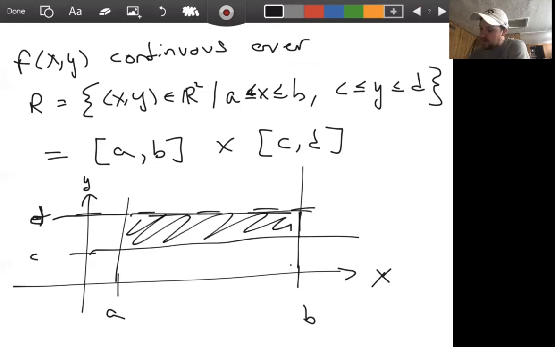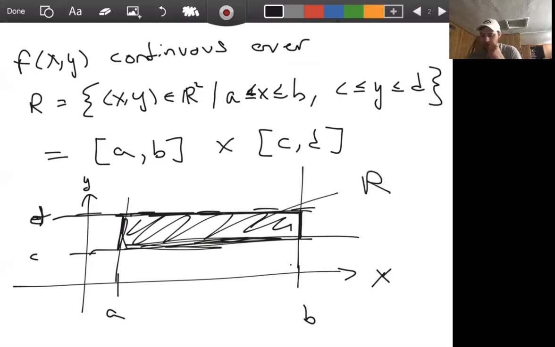And we write this as [a, b] cross [c, d]. And so this region R is the rectangle between x values a and b and between y values c and d. And now this is our domain, right?